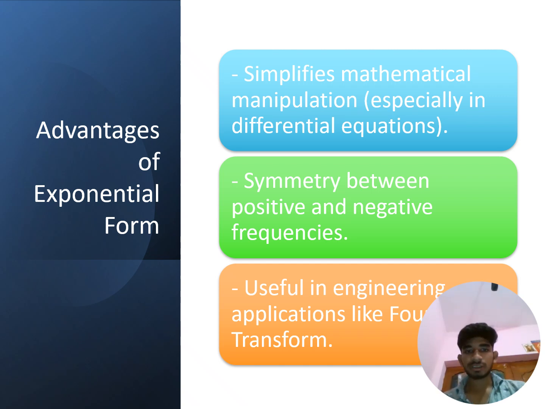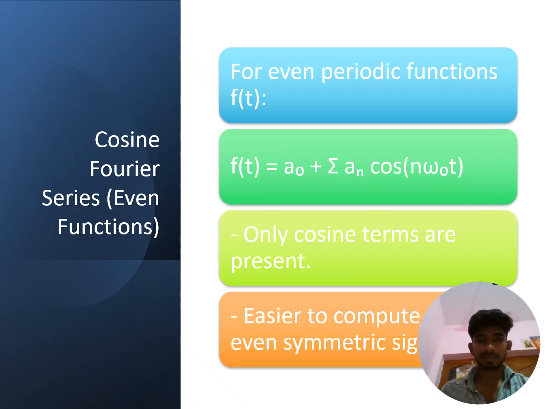Advantages of exponential form. Exponential form simplifies mathematical multiplication, especially in differential equations. It is also symmetric between positive and negative frequencies and useful in engineering applications like the Fourier transform.